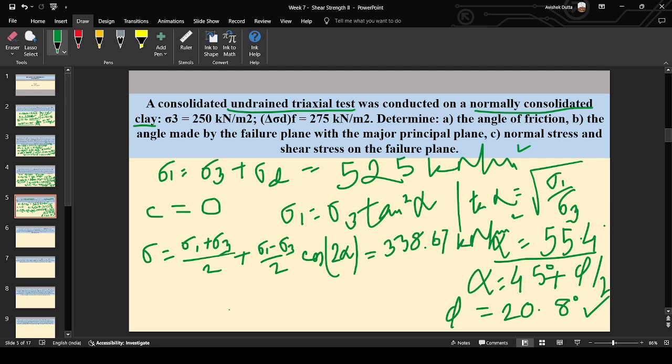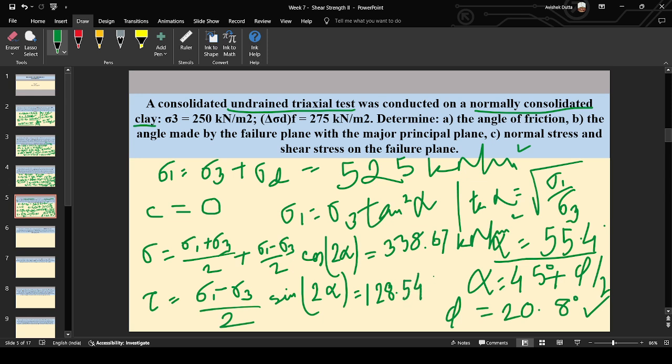Similarly, for the shear stress on the failure plane, tau equals sigma 1 minus sigma 3 by 2 sine 2 alpha. That gives us a value of approximately 128.54 kilonewton per meter square.